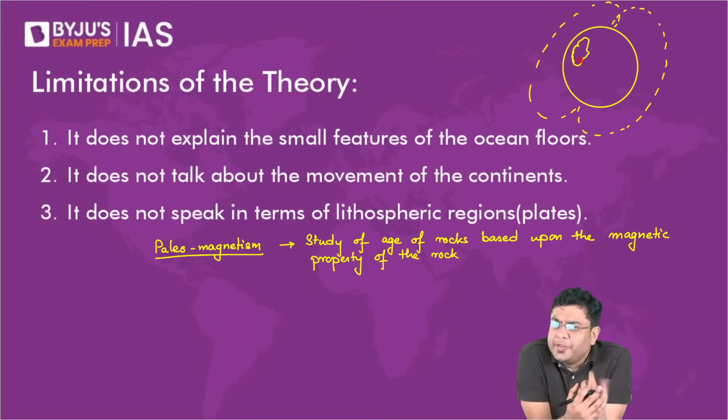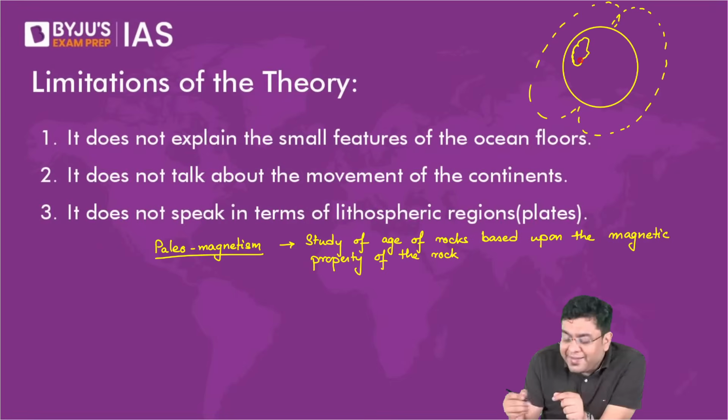As this newer rock is getting created, the molten materials will solidify. But when you have the materials in a molten state, the molecules, the atoms, everything is basically in a molten state. Now, will they experience the magnetic field of Earth at that point of time? Yes, they will. Will they try to arrange themselves based upon the magnetic field of the Earth at that point of time? Yes, they will.